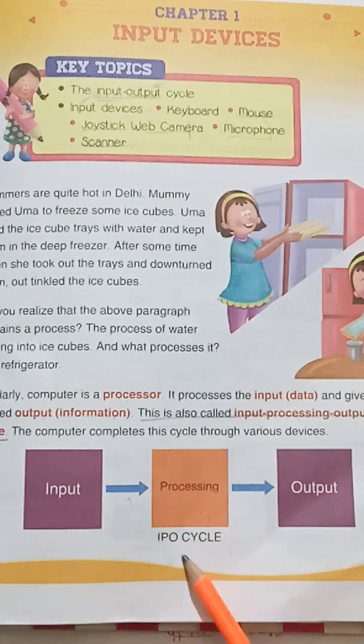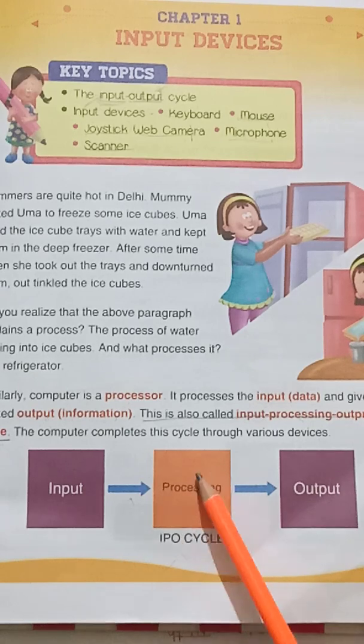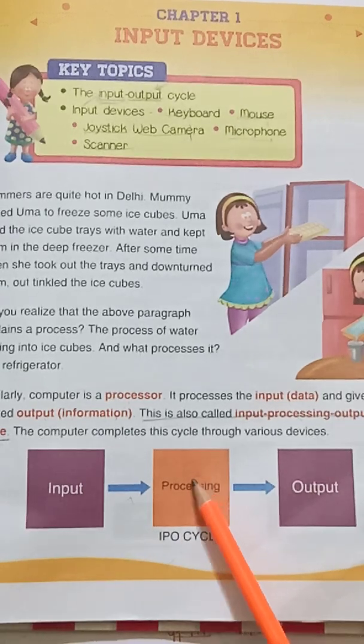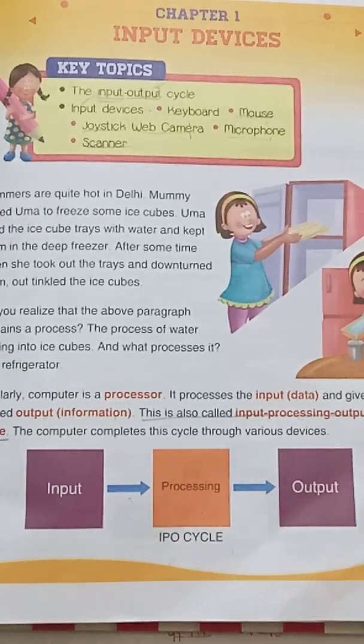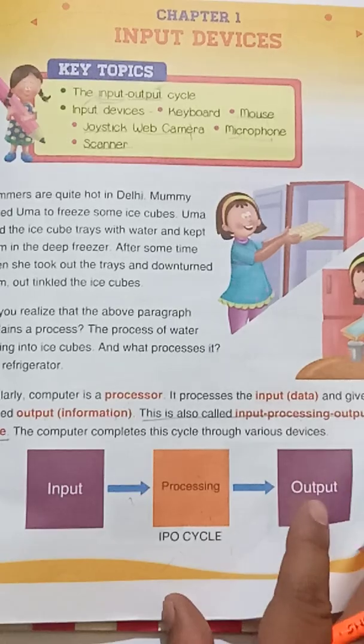IPO stands for I for input, P for processing and O for output. So this is the system how the computer works. We have to only study about the input devices in this chapter. So our main input device is keyboard.